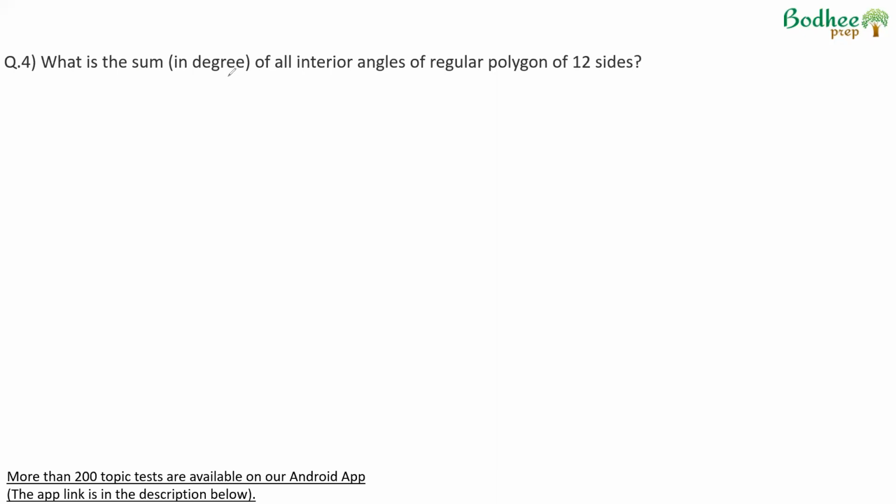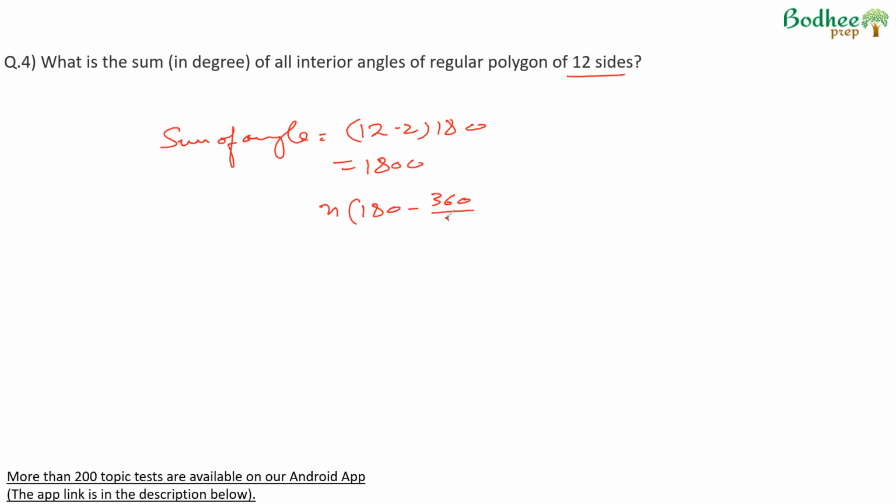What is the sum in degrees of all interior angles of a regular polygon of 12 sides? The sum of angles is simply n minus 2 into 180. So 12 minus 2 into 180, which is 1800. Or you can say number of sides into measure of each angle of a regular polygon.